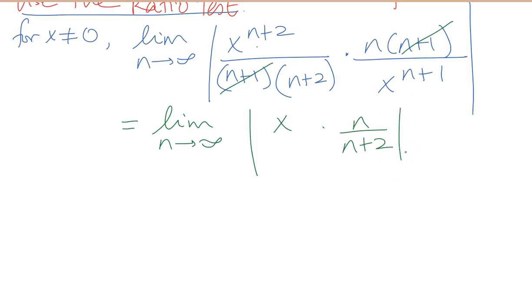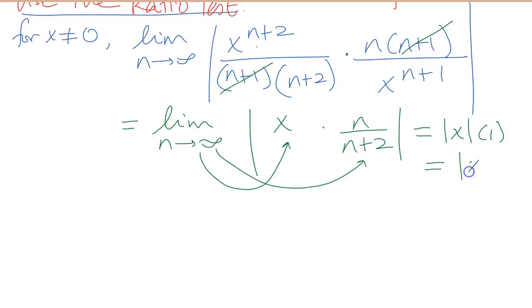Alright, so let's try to find the limit, shall we? So the limit of that, when you take the limit of x inside the absolute values, it is absolute value of x. Limit of that is 1. So guys, by ratio test, the limit of the ratio, okay, for the series resulting from integrating the original is absolute value of x.